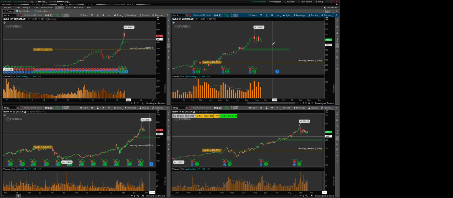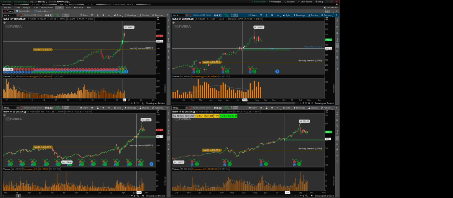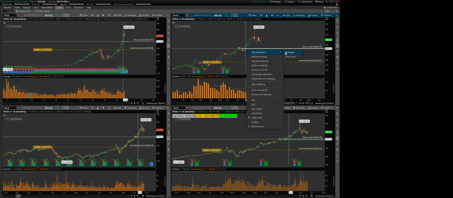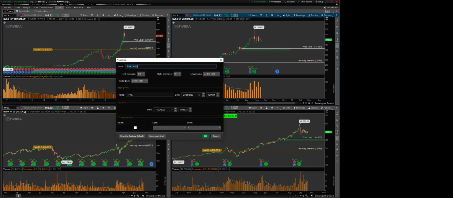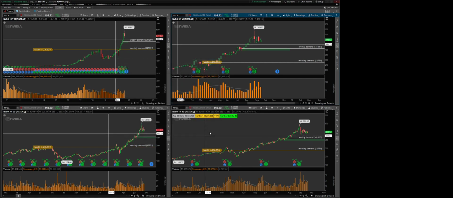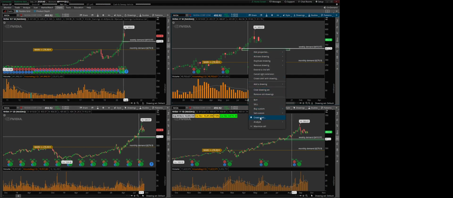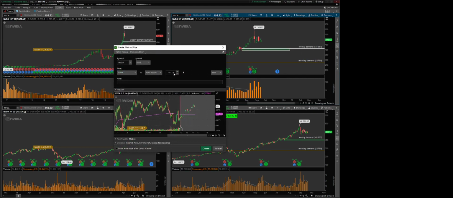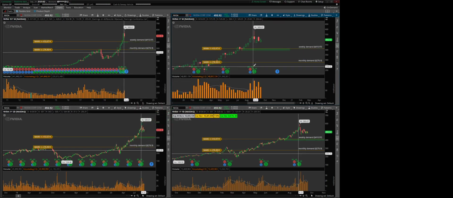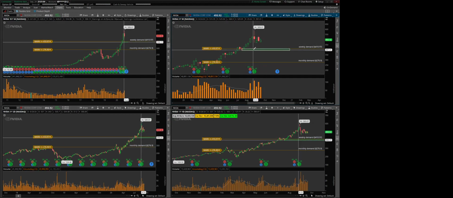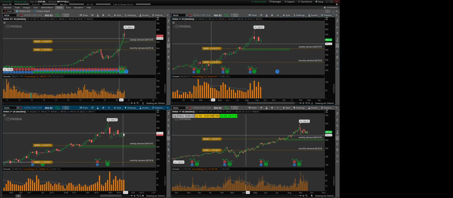Price level, open, high, low, close. Look, easy. Price level, change it. This is a weekly demand. Set the alert. Weekly demand 410.97. Done.